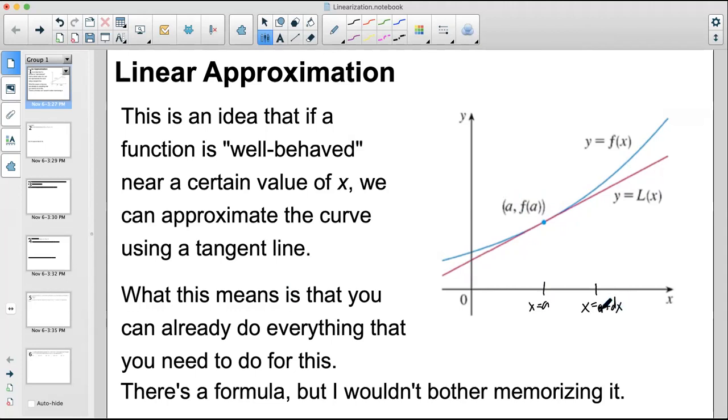Maybe I'll call it dx for a small change in x. Then this is the value of the line at a, and this is the value of the curve at a, and these y values are close together.